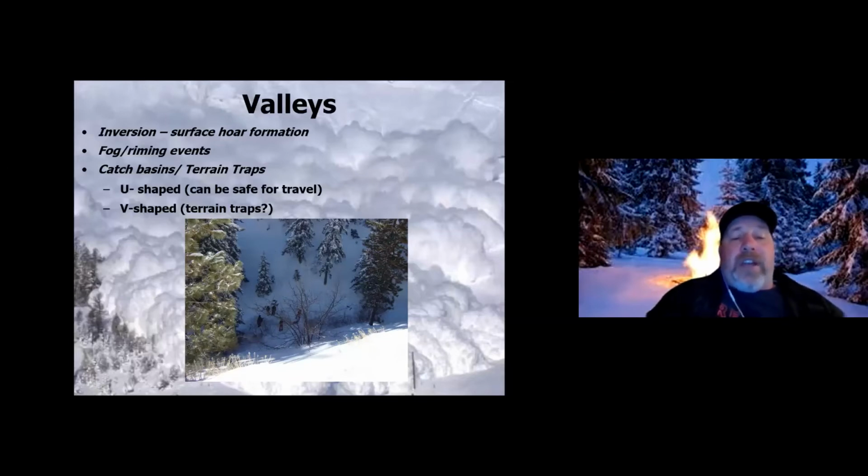And certainly staying out of V-shaped valleys is important. This particular slide right here coincides with one of the first pictures that I showed. This is that 80-foot or so slope, and this is the terrain trap that formed right below it. And this person ended up being buried about 11 feet deep from a very small slide in terms of size. It was still almost a 2-foot crown.